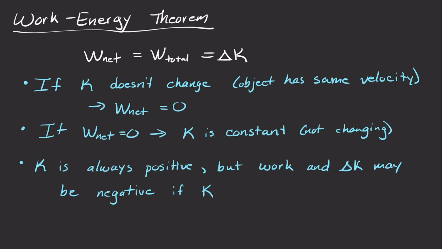So work may be negative if K decreases. But K itself is always positive, because if we look at our definition of K, 1/2 mv squared, mass is always positive, and even if our velocity is negative, it gets squared, so everything on the right is positive, so the kinetic energy on the left must also be positive.